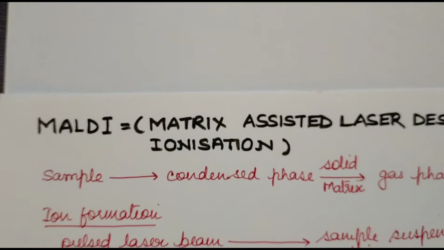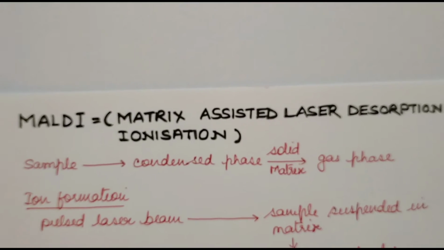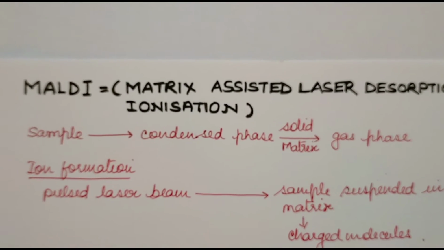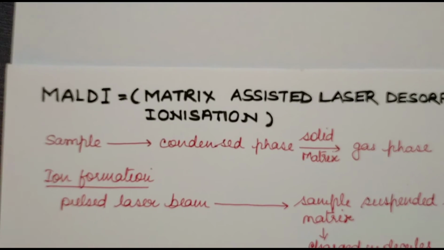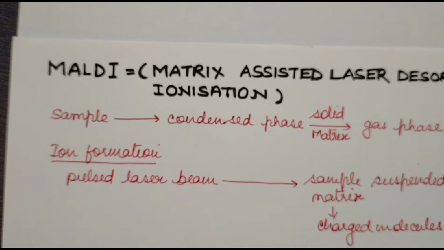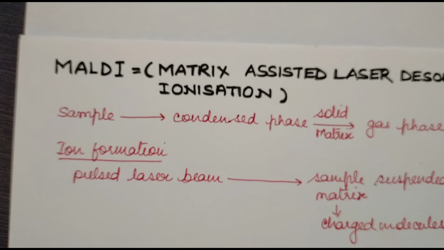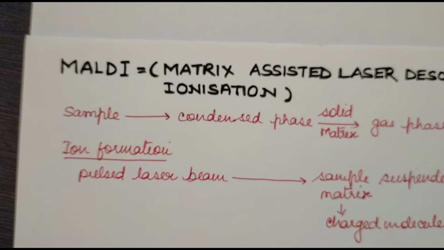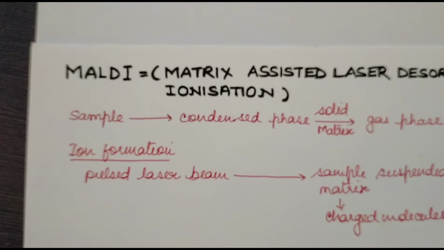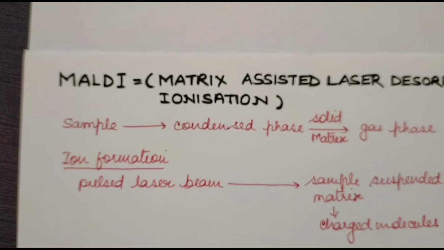Again I'm repeating, MALDI, matrix assisted laser desorption ionization. We use it to vaporize and ionize the protein sample, because most protein samples are generally non-volatile. So with the help of this technique we make them vaporized and ionized.